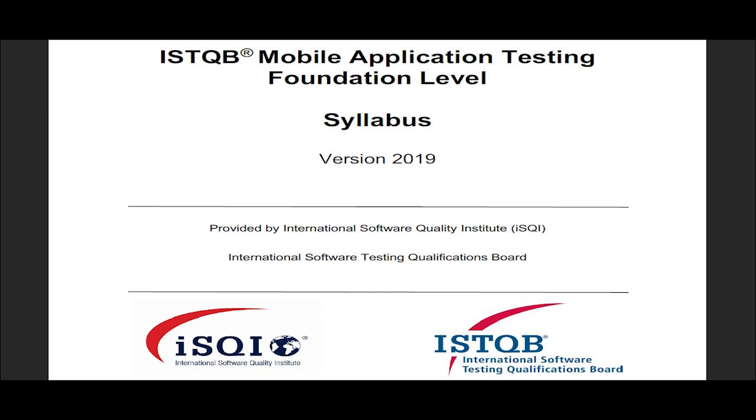Left column, main group of activities in the test process. Middle column, typical areas to consider for mobile testing. Right column, syllabus reference. Test planning: device combinations that need to be tested, use of mobile emulators and mobile simulators as part of the test environment, special challenges in mobile app testing, test types specifically required for mobile application testing.